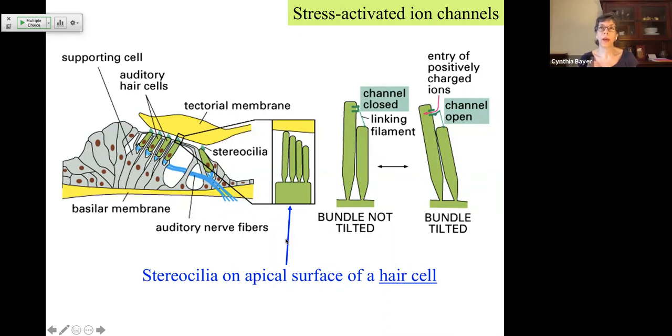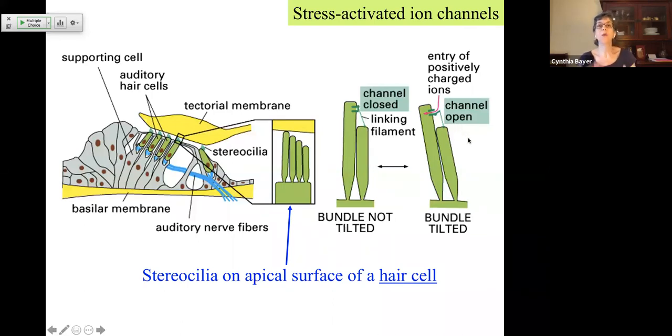So the sound waves cause the pressure waves that cause the movement of the hair cells, that cause the bending of the stereocilia, that cause the repeated opening of these ion channels, which result in a change in membrane potential, an electrical change to the membrane that is then transmitted from hair cells to the auditory nerve, which carries that information, that electrical signal, to the brain.